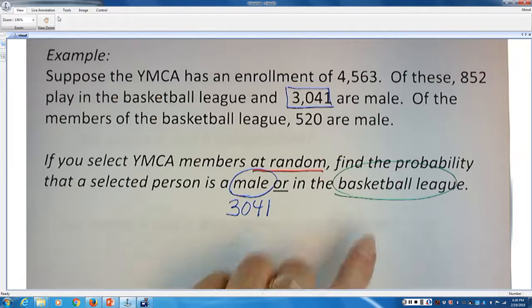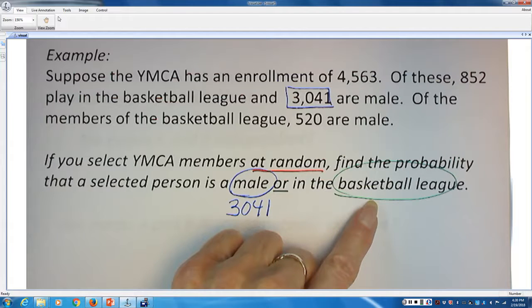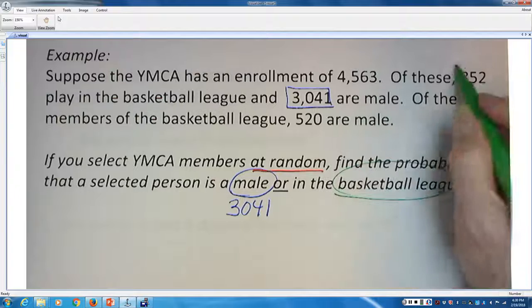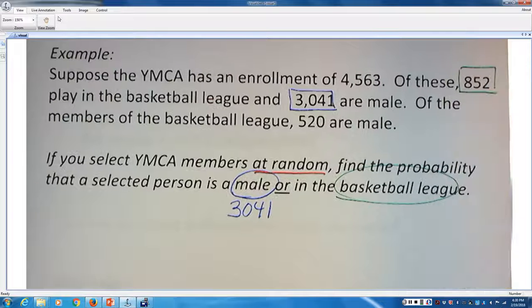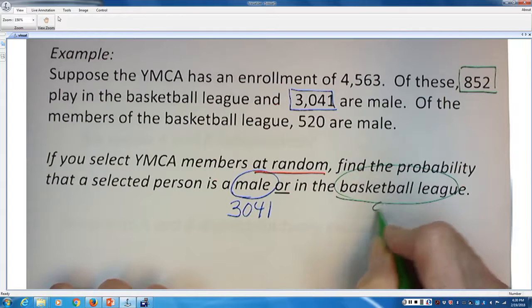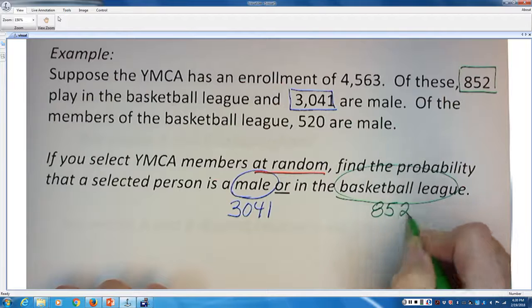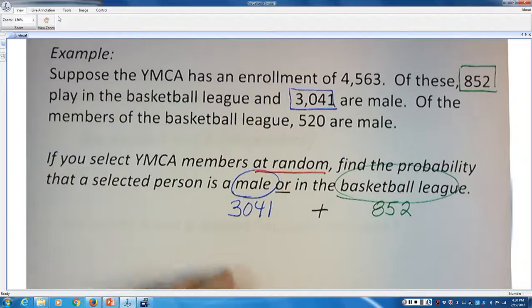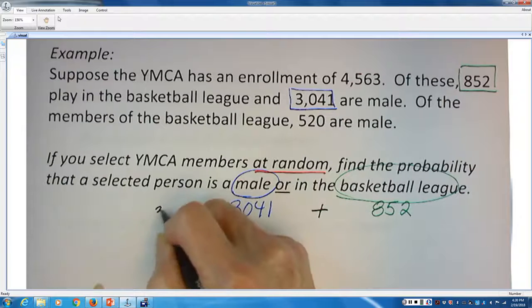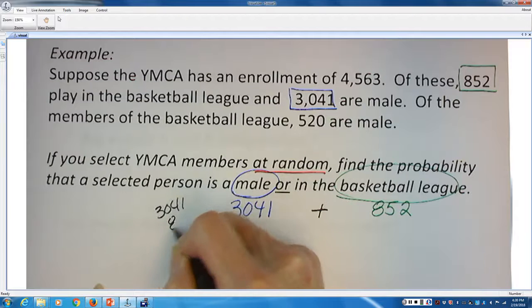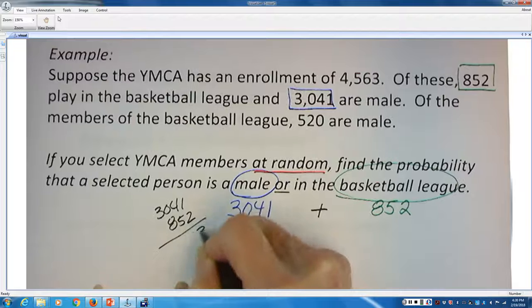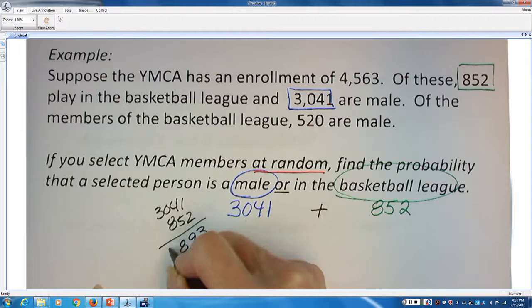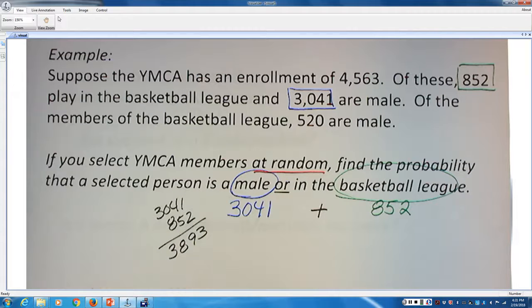You say, okay, that's good. How many basketball members are there? 852. So altogether, you think, well, that would be 3,893.